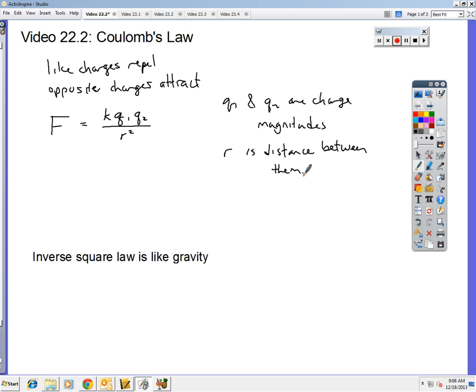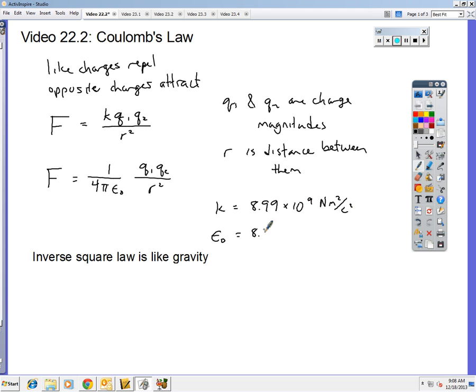Now in this class, and in your textbook, we'll frequently use, instead of k, the expression 1 over 4 pi epsilon 0, but it's the same thing. K is basically 8.99 times 10 to the 9th newton meters squared per coulomb squared.